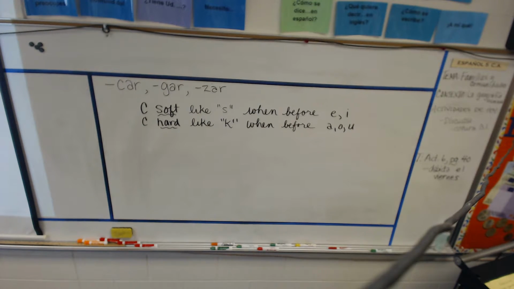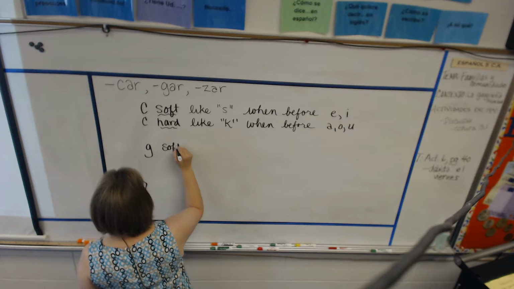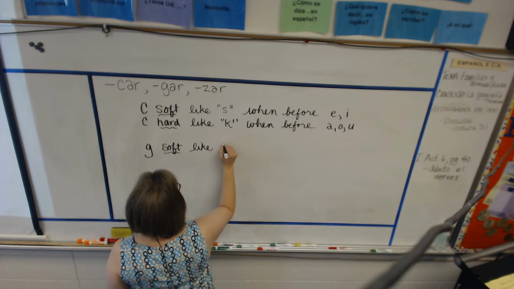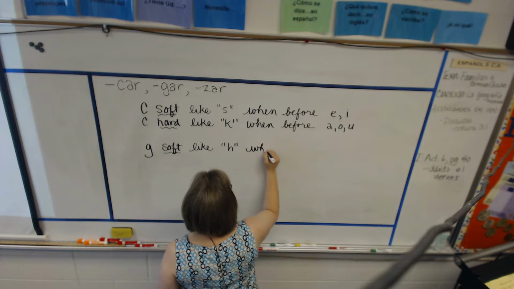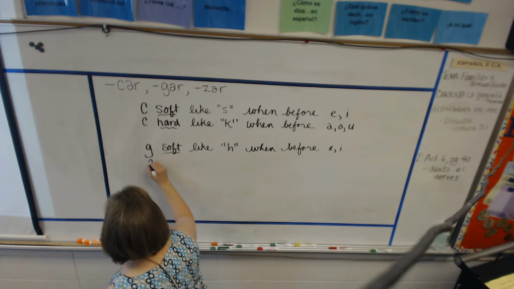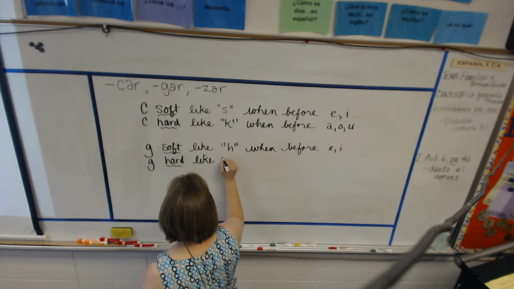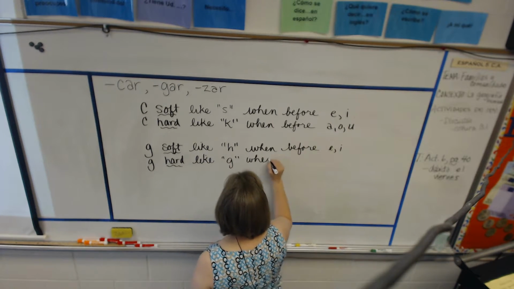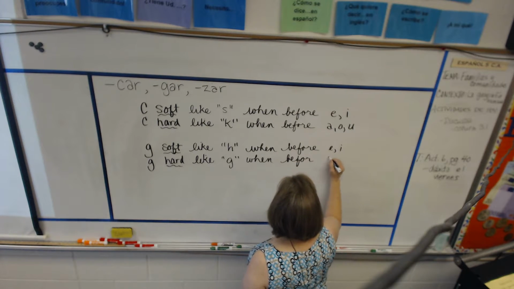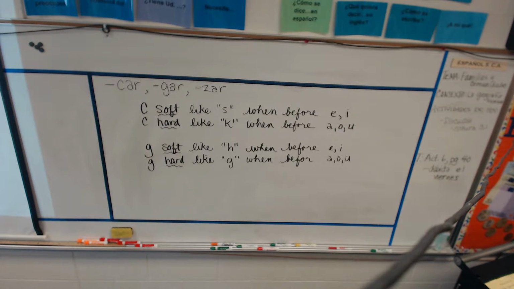Okay? Now that same principle is true with the letter G. G is soft, like an H, when before E or I. And G is hard, like a G, when before A, O, or U. Now with the letter Z, it's a little harder for me to explain because my pronunciation comes from Latin America.